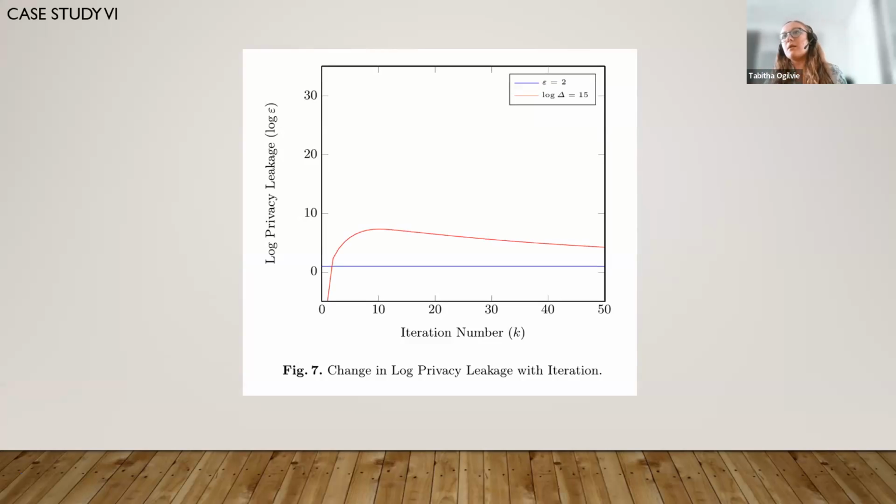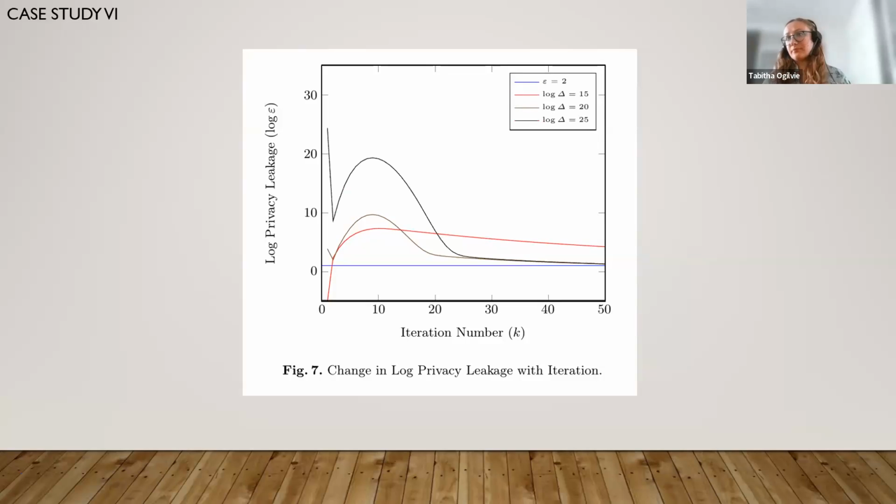Yeah, for the red case, our privacy leakage is quite high, and this is due to very high message dependence. And we find that the message dependence dominates the sensitivity to variance ratio. But as you increase log delta, because you're decreasing this message dependence, your privacy leakage falls quite a bit.